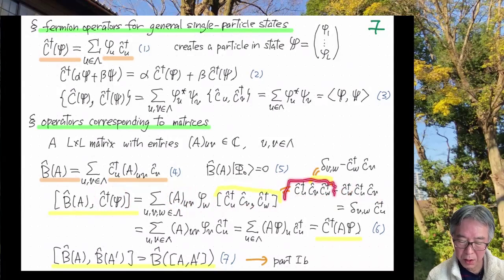Okay, now here I consider this part, c_v c dagger_w, and here I use the canonical anti-commutation relation to rewrite it like this. Now consider this part. You just bring this back here, then you have minus c dagger_u c dagger_w c_v. But you can simply switch c dagger_u and c dagger_w to get an extra minus sign, and then that cancels with this thing.